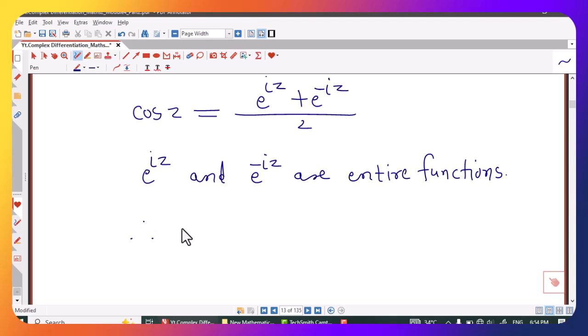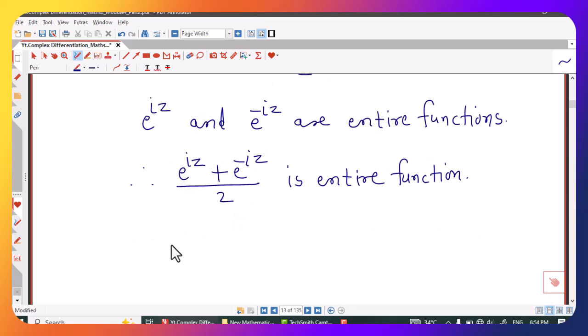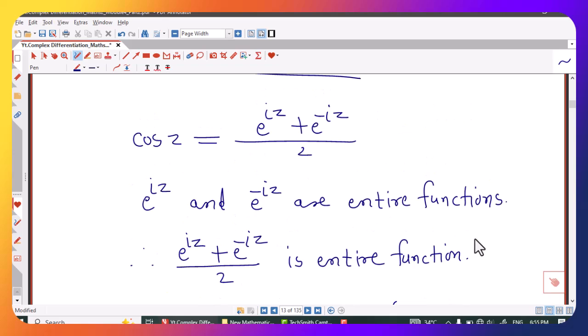Therefore if we add these two and multiply by a constant, here the constant is 1 by 2, or if we divide by a constant, then this is also an entire function, or it is also analytic everywhere. So therefore cos z is an entire function, because the exponential function is an entire function.